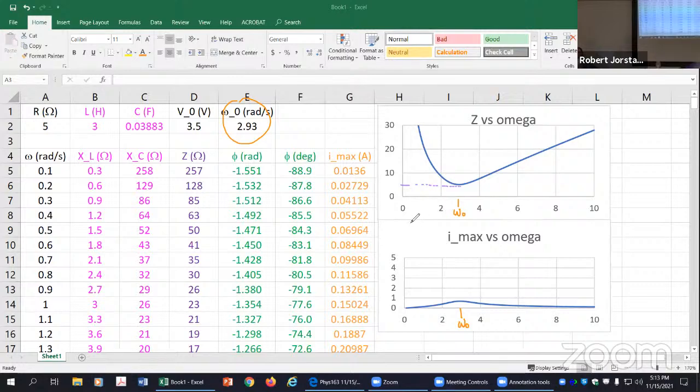About approximately 5. At resonance, what does Z equal? The resistance. So the impedance plot goes to a minimum value of resistor R at the resonance frequency omega naught.